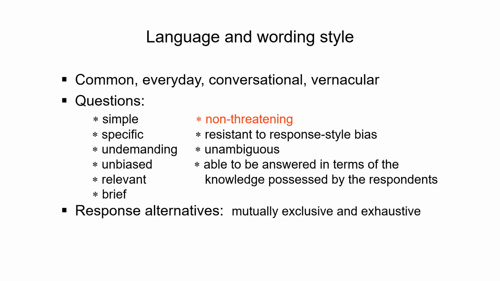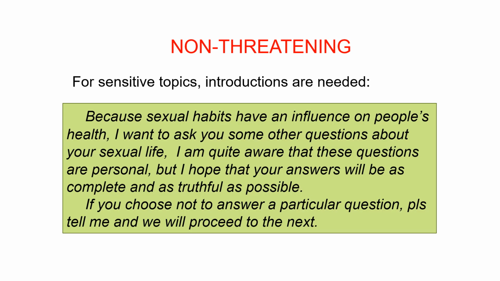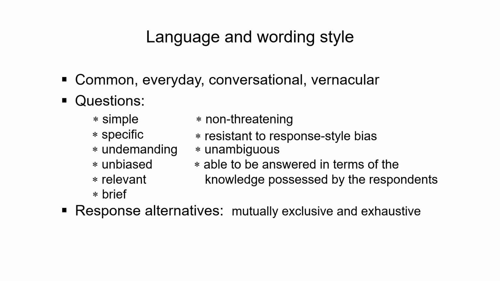Soften the manner in which it is asked. Like, for example, do you work rather than do you have a job at present? Or placement. Avoid income questions at the start. For sensitive topics, an introduction is essential.